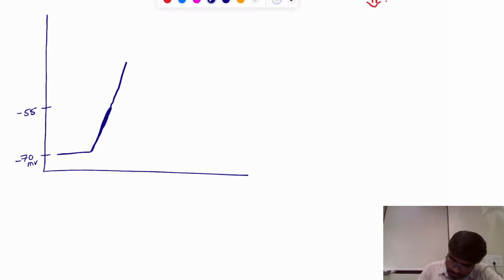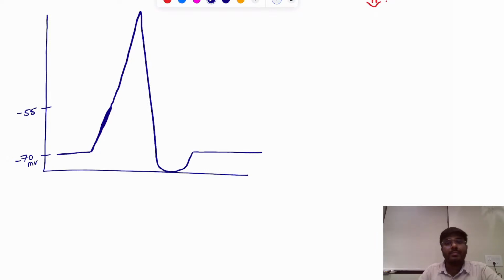Depolarization, repolarization. This is hyperpolarization, coming back to resting membrane potential. Now these are the phases, right? Now see, there is this period from here. Let me write from here till here, sir.